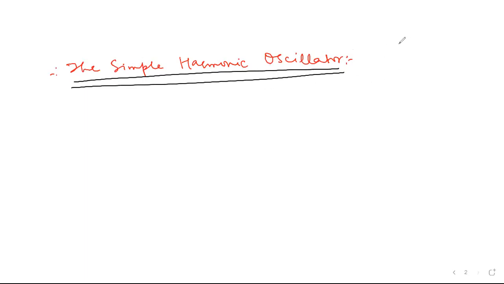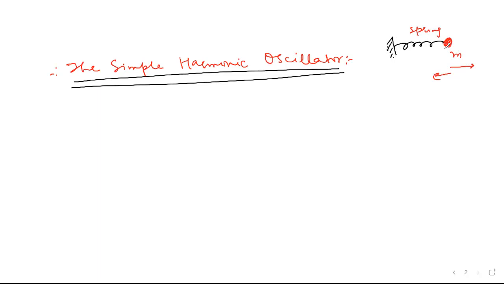First, as you know, oscillation is a to and fro motion. You can have many examples of oscillations in nature. For example, if we connect some mass M to a spring, with one end of the spring connected to the mass and the other end to the wall, and you stretch or compress the spring by moving the mass, what will happen?